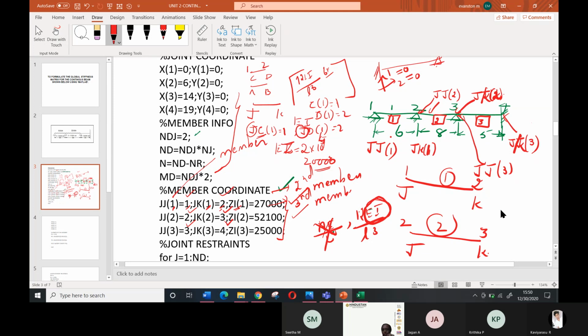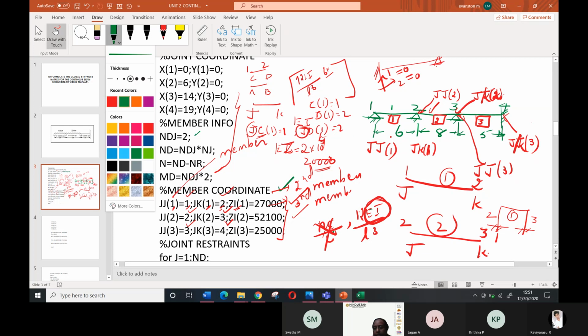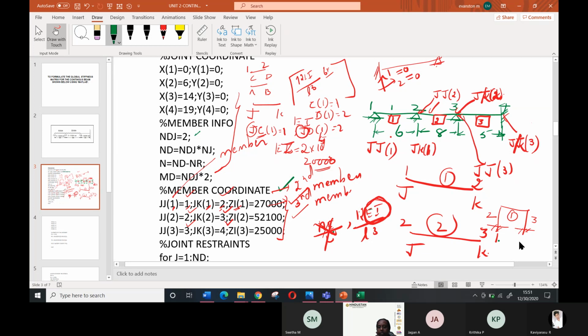Why this problem will come is when you go to a frame member, it will have a problem. Suppose you take this as 1, this member as 2 and this is 3. Let us take the numbering. I'll start from here, for example, 1. I'll take another color and explain. So I have marked the members with red color.